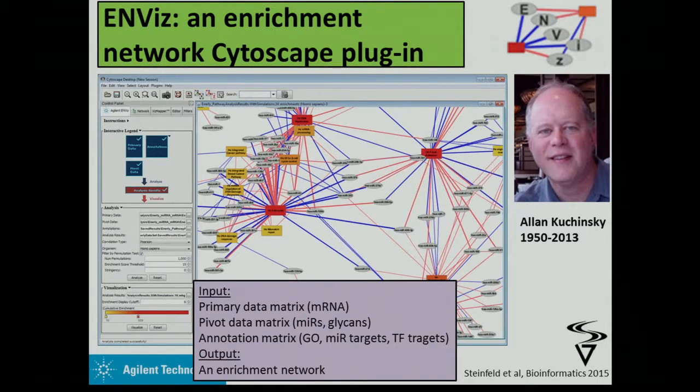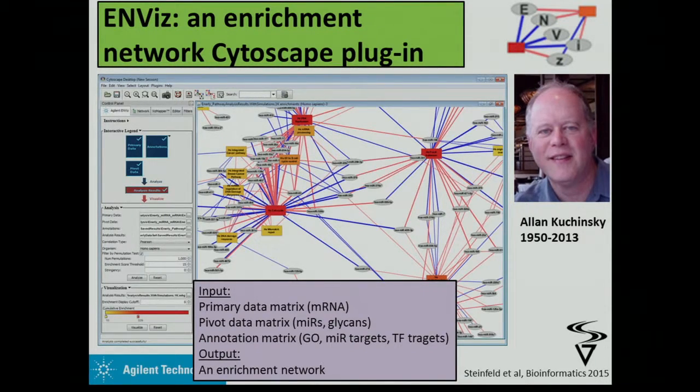So this idea of taking one type of data and jointly analyzing it with another type of data, where I would prefer that other type of data, the mRNA expression for that matter, to have some clear annotation, is something we encapsulated into a Cytoscape plugin, which is called NVIS. NVIS takes a primary data matrix as input, that's the mRNA.